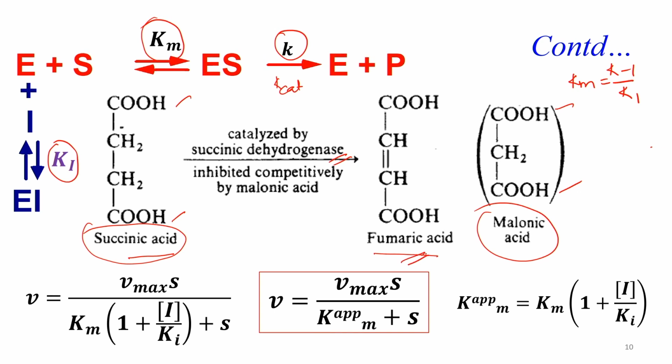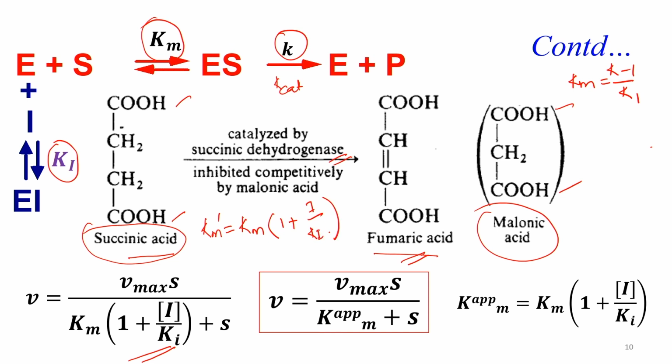of fumaric acid. Now, again for this competitive inhibition, one can use the Michaelis-Menten equation to define the enzyme kinetics. What is the difference here? The only difference is that the Km is increased. The Km becomes Km times 1 plus I upon Ki. Basically, Km has increased, or you can say Km dash equals Km times 1 plus I divided by Ki.